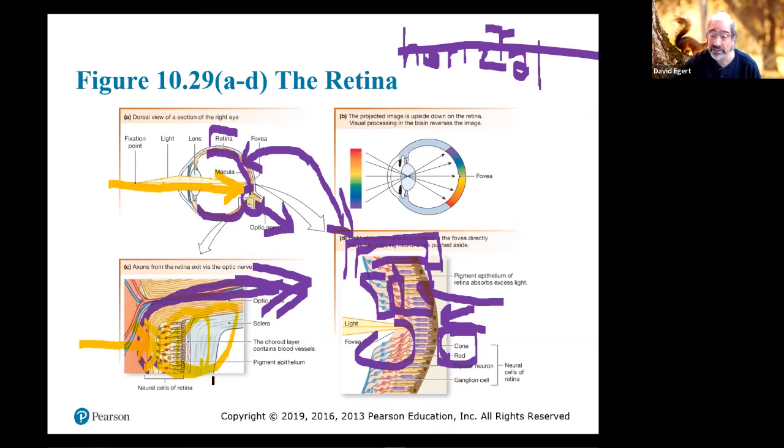Luckily these cells are clear, but the light doesn't get to the rods and cones until it goes through all those other cells.